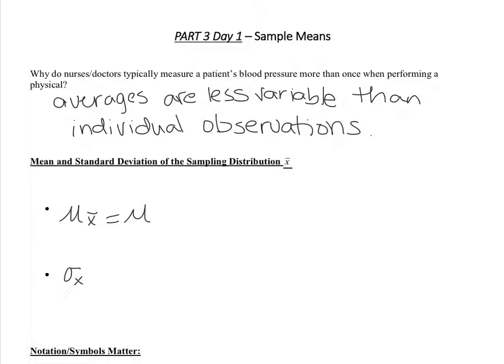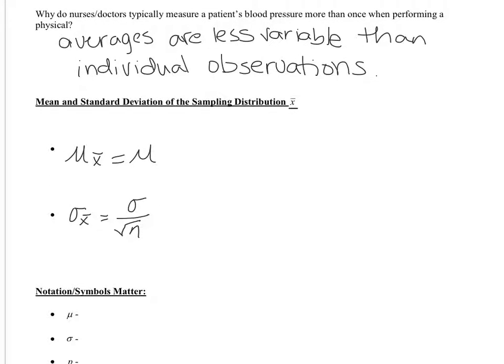So the standard deviation of X bar is equal to sigma, the population standard deviation, divided by the square root of n. If you don't know the population standard deviation, then you'll substitute in s, the statistic.